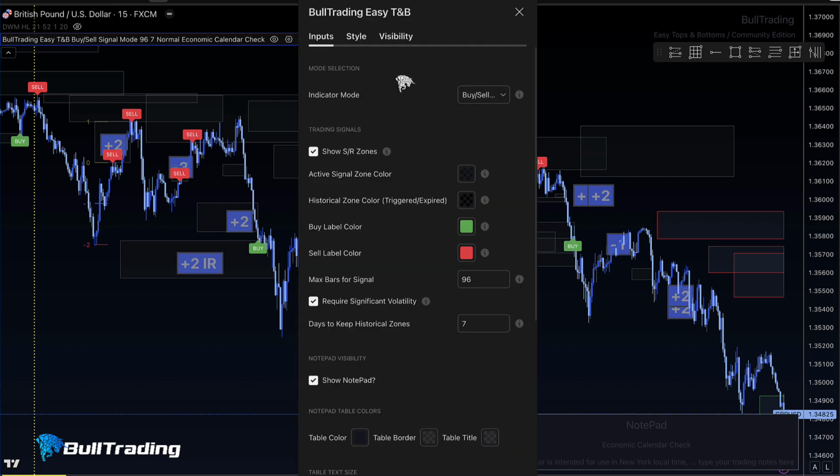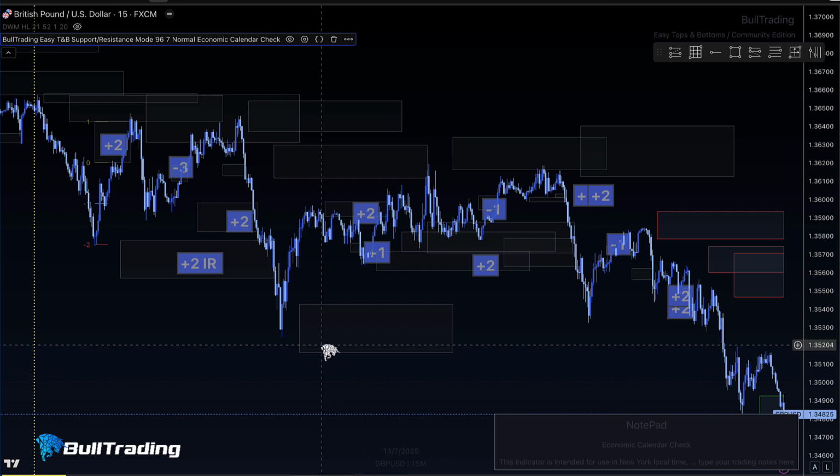Basically, the indicator will have two modes: the buy-sell signal mode, where the indicator will plot a sell or buy signal each time it detects an opportunity, or we can toggle to support and resistance mode. You will see that the indicator will hide the signals and leave only support and resistance.